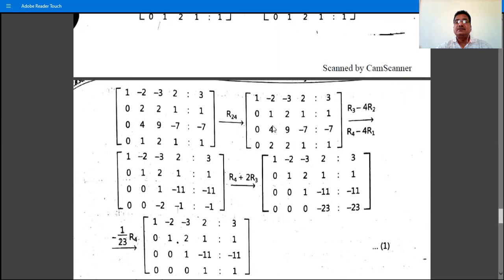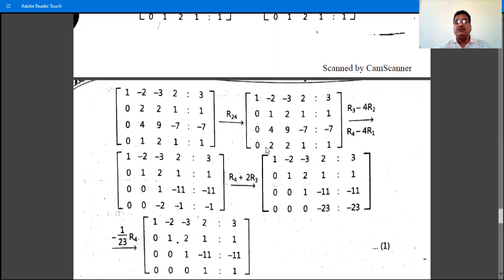We have this matrix. Then we have to reduce this 4 and 2 to 0. So in order to do that, we can use this 1 to reduce this 4 and 2 to 0. So R3 minus 4R2, that is multiplied by 4 to the second row and added to the third row, either this operation as R3 plus in bracket minus 4 into R2.